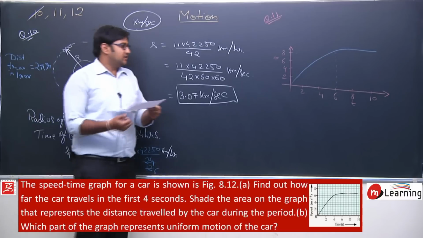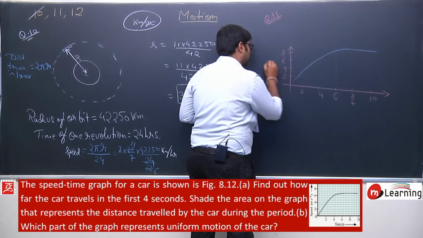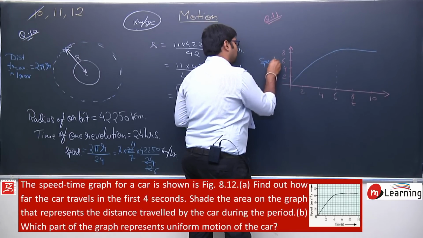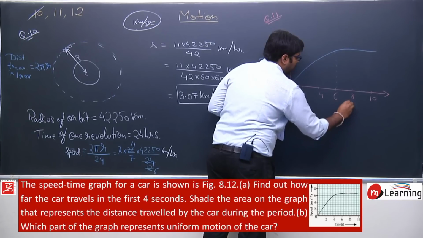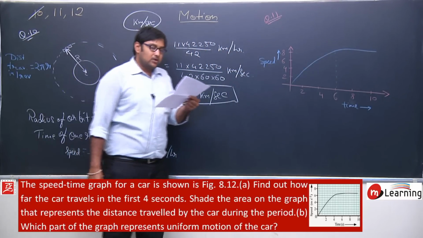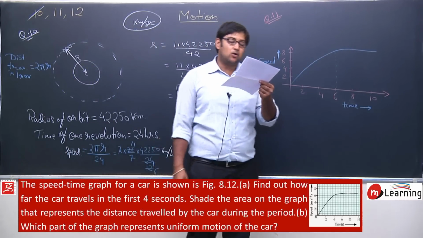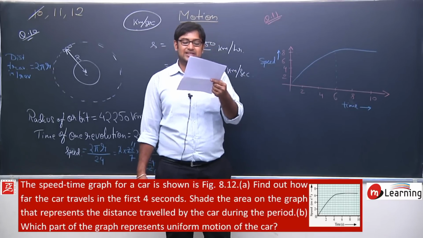See, it says that this is a speed time graph. This is the speed here, and this is the time. Now the question is, how far does the car travel in the first 4 seconds?